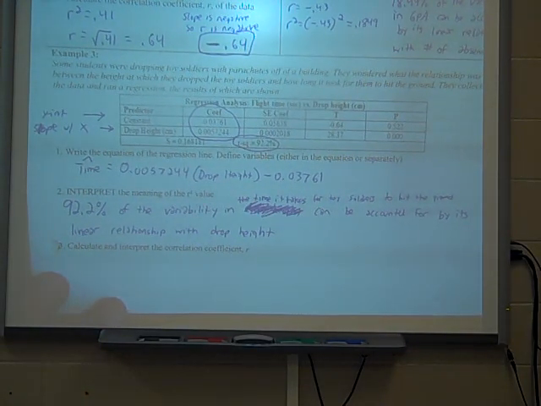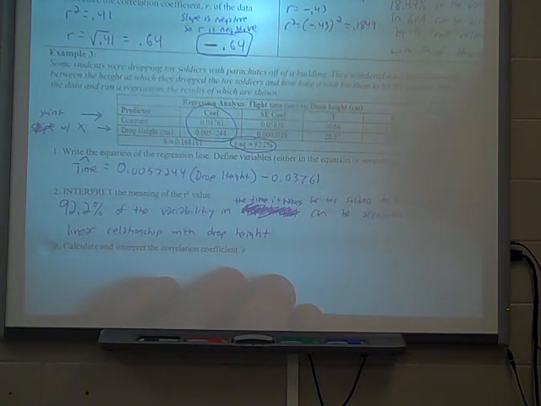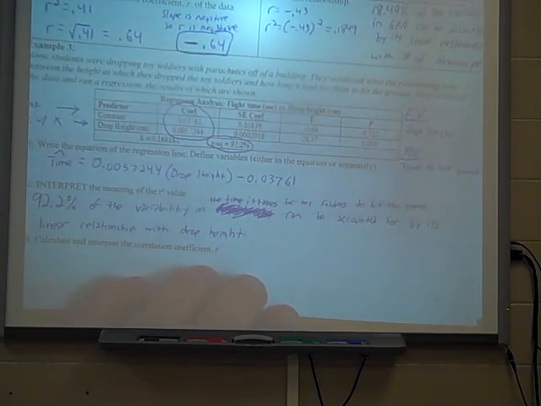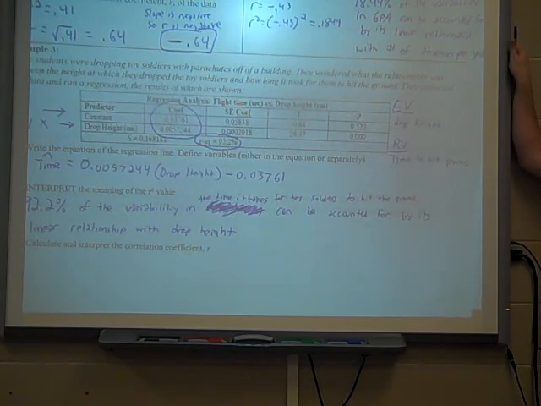Be careful. Make sure you know which variable is which. In fact, it might not hurt to write out your explanatory variable is drop height, and your response variable is the time to hit the ground. So again, when you're calculating slope or when you're analyzing r squared, you have to know which variable is which. In both of those instances, it's y first. In slope, we predict that y will change by however much for one increase of x.